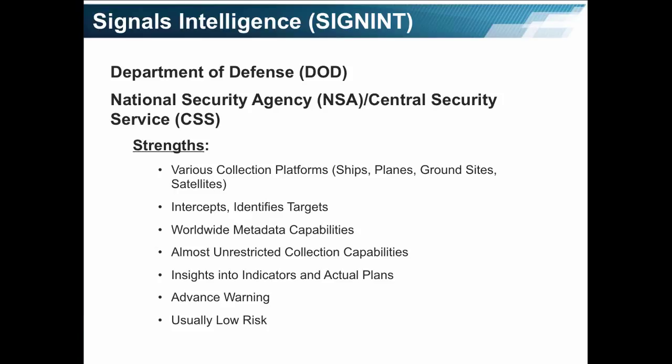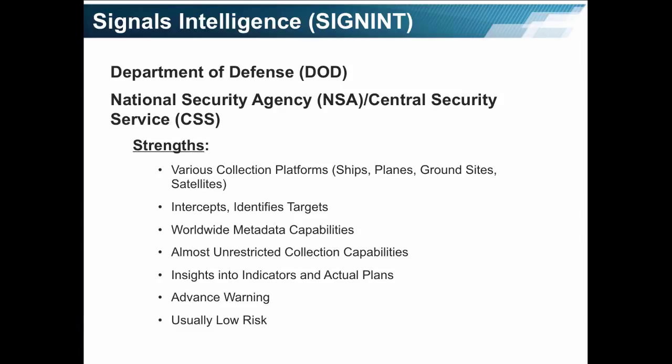We move on to Signals Intelligence, or SIGINT. This is done by the National Security Agency and the Central Security Service. What are their strengths? They use various collection platforms: ships, planes, ground sites, satellites. They are very good at intercepting and identifying targets.